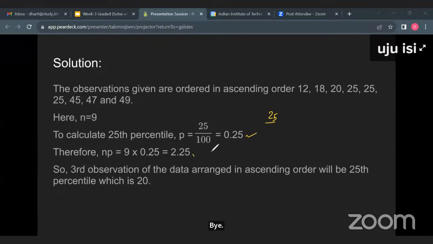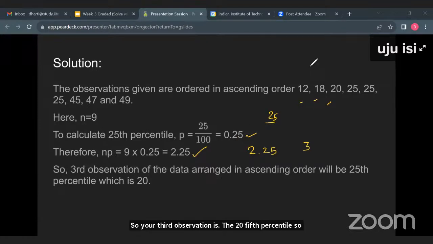Then we approximate it to the nearest right integer, which is 3. So your third observation is the 25th percentile. What is your third observation? This is first, this is second, 20. 20 is the 25th percentile of this data set.